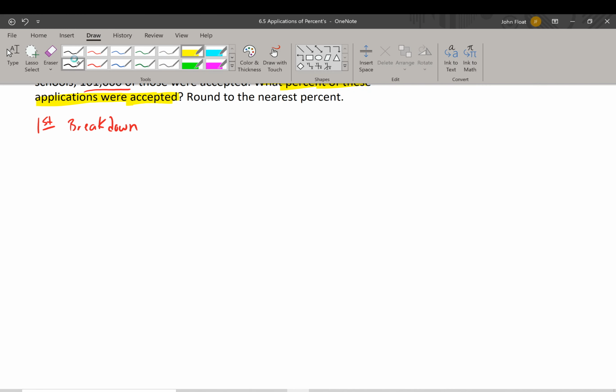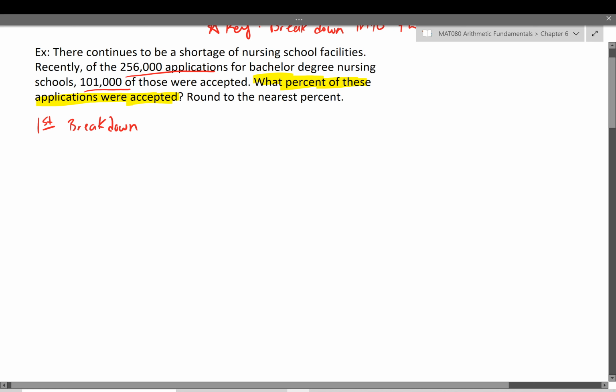Okay. So when we go ahead and break that down, in words, what we're really looking at here is 101,000 is what percent of 256,000. Now, what I'm going to do is divide both of these numbers by 1,000.